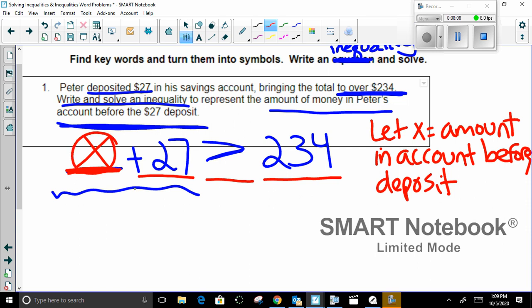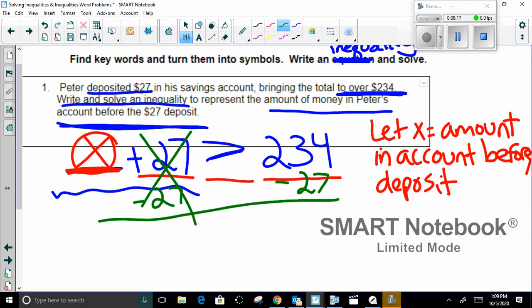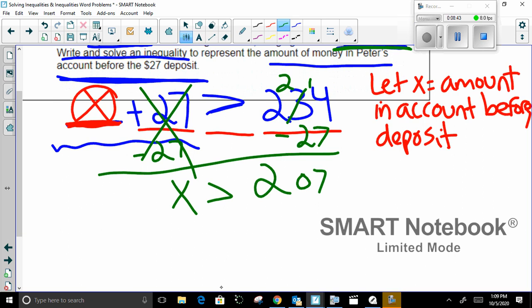So in order to solve for x, I got to take away that 27. So what do I get here? Okay, if my account got to over 234, that means that in the account before the deposit, there had to be more than $207.